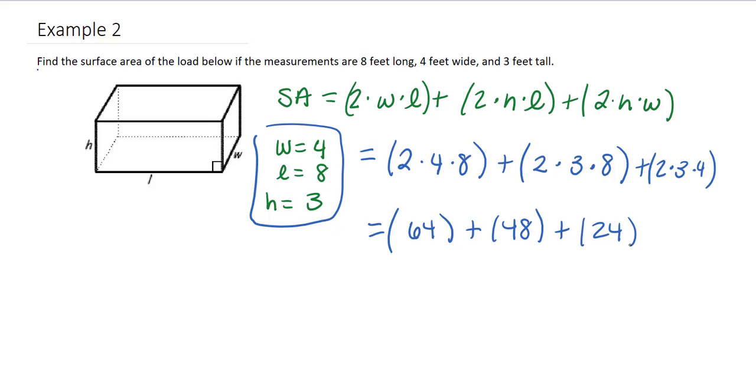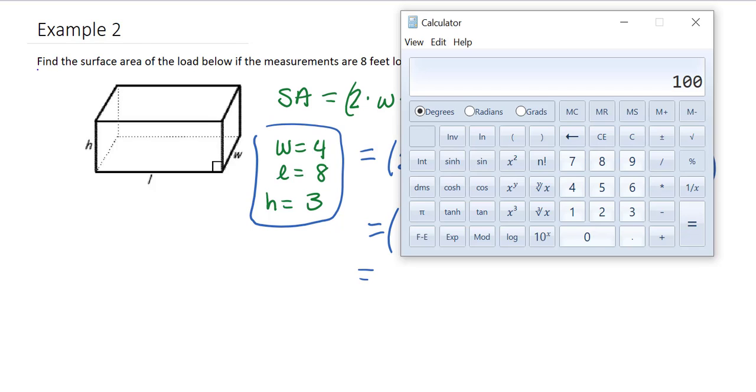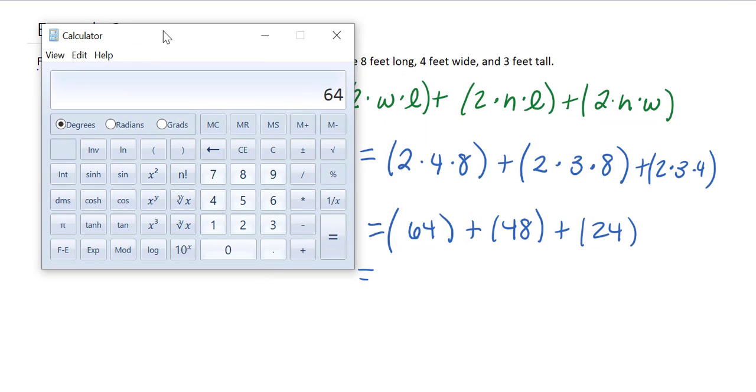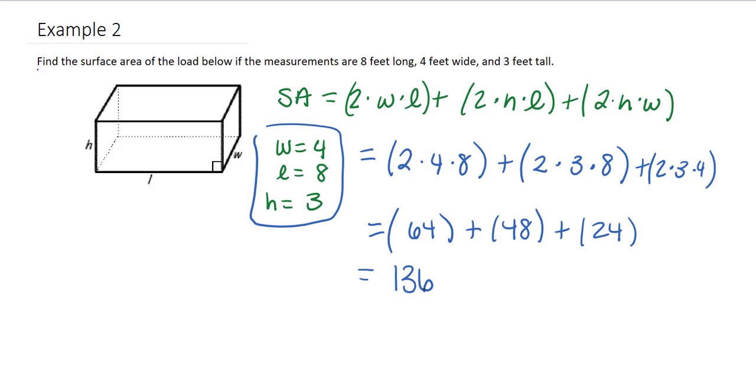Now we can just add these up. We have 64, plus 48, plus 24, and what do we get? We get 136, and that means feet squared. So that's the surface area.